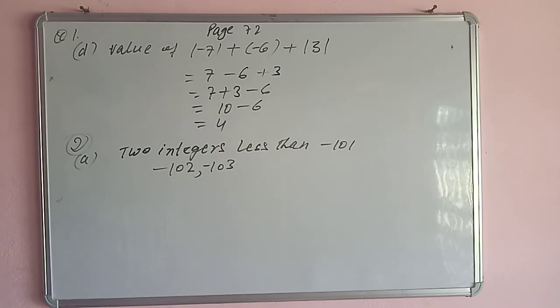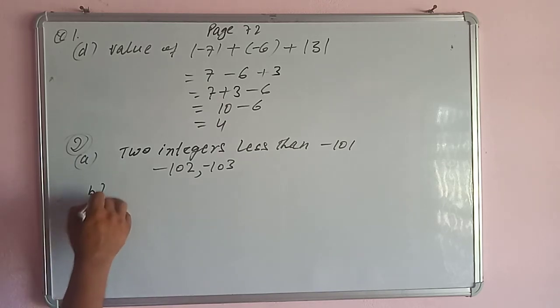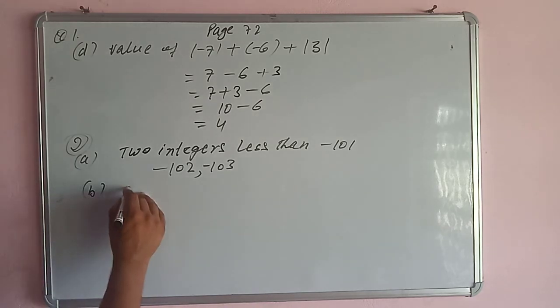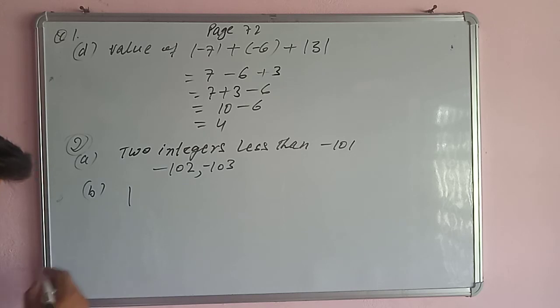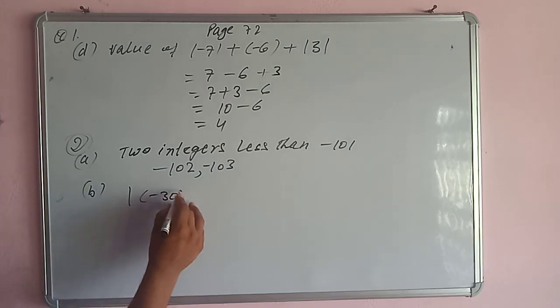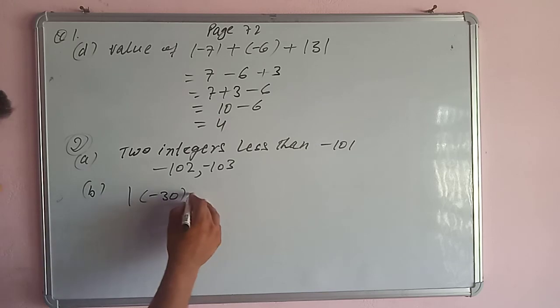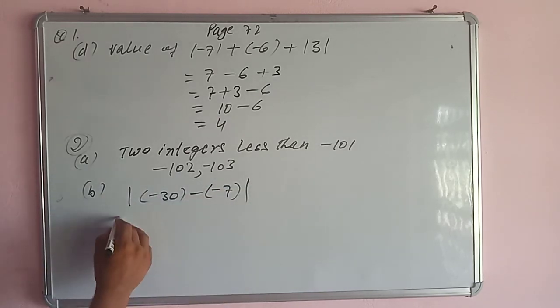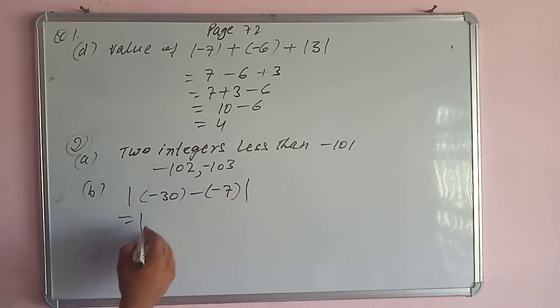And next question in part B, find the absolute value of minus 30 minus minus 7. How can we solve this? First of all we will remove the brackets.